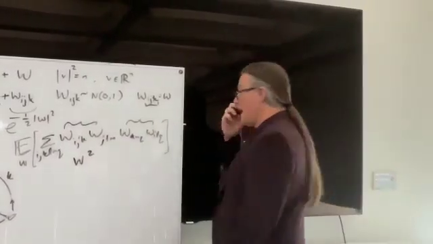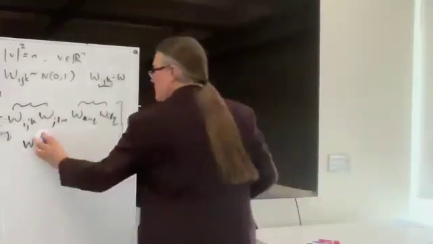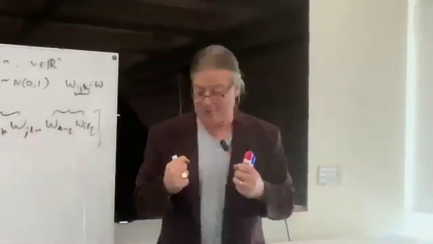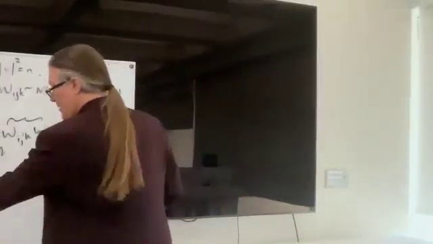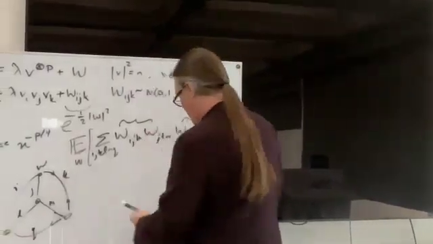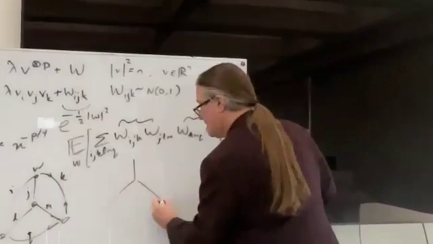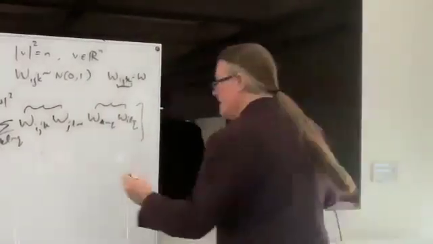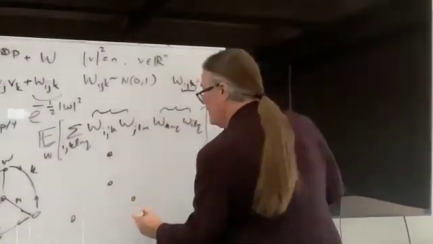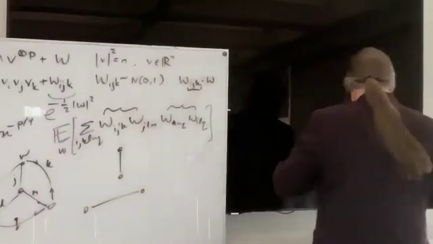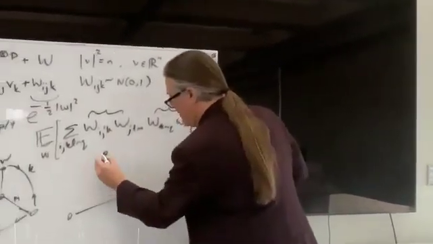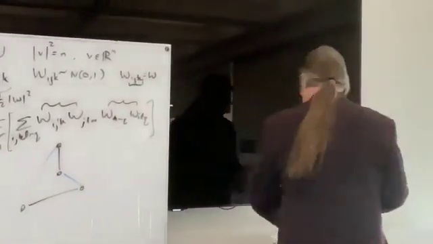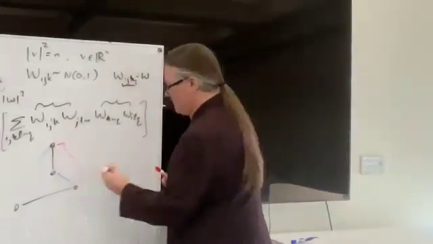Okay? All right. So what I'm saying is that the things which contribute, and this is why it was so important for me to have 4 colors, are things where, for instance, j equals q and maybe l equals k. This is the same as that, and this is the same as that. And now actually, this can be different from that.